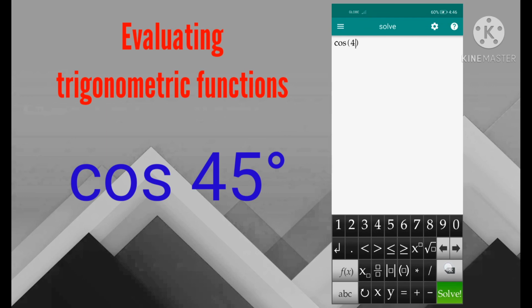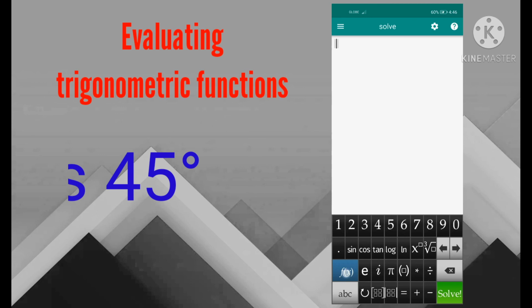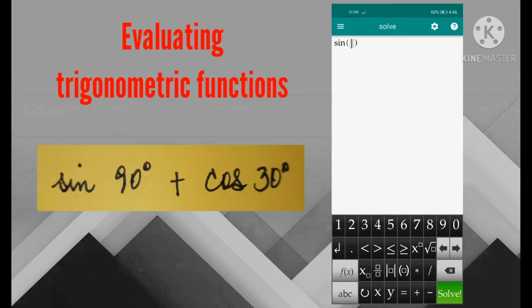Pwede rin po tayo dito sa operations na. So halimbawa, sine 90 degrees plus cosine 30 degrees. So that is sine 90 degrees tapos arrow to the right plus cosine 30 degrees.